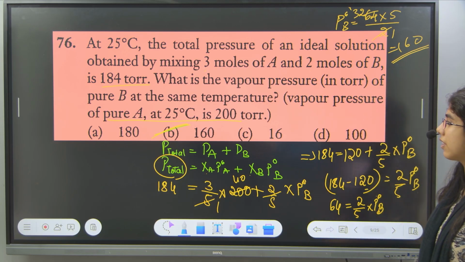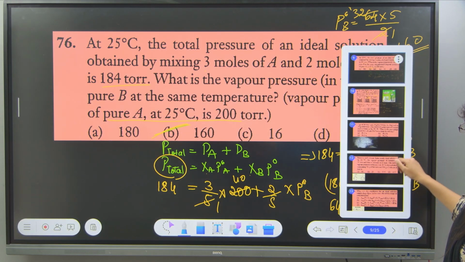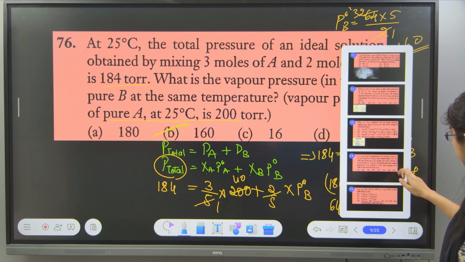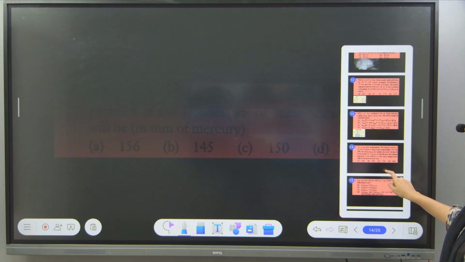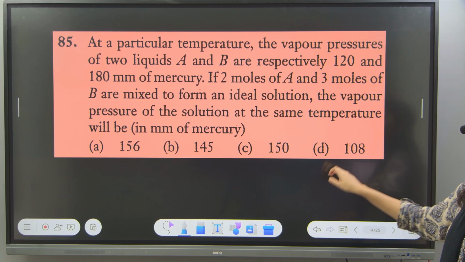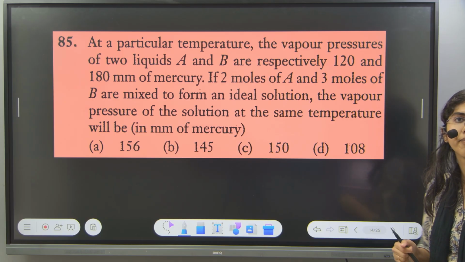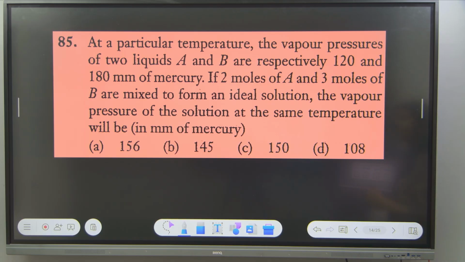We'll solve one more such question. I think you can solve this also. Similar to the previous one.